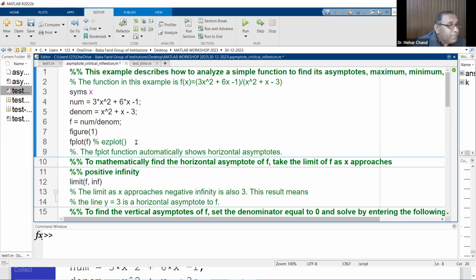So now I am using fplot here. fplot and ezplot have the same function, but in the latest version of MATLAB, ezplot has been replaced by fplot. Along with it I am using figure 1. When I run the entire file, I'm running the entire code. See here.